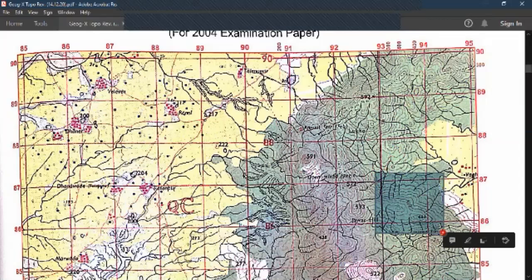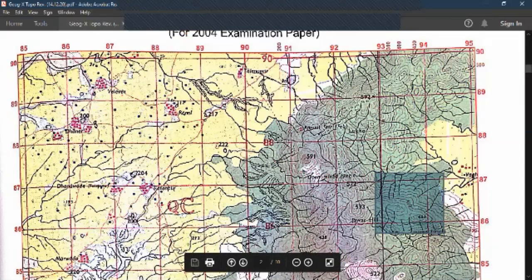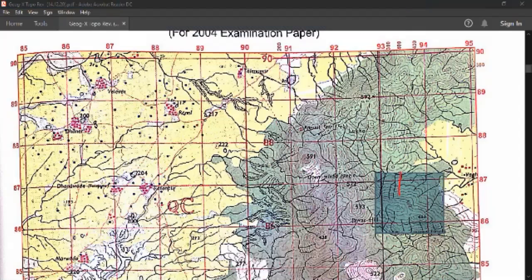This is the grid square 9386, where this drainage pattern, which means these black colored seasonal streams, as you can notice, all these streams are moving outward from the center. Such type of drainage pattern is known as the radial drainage pattern.